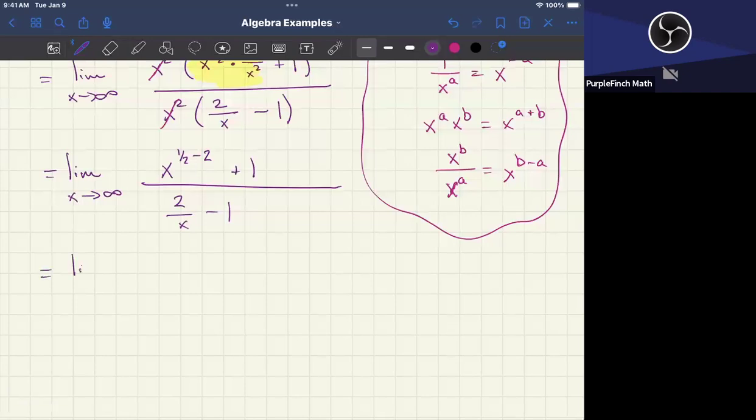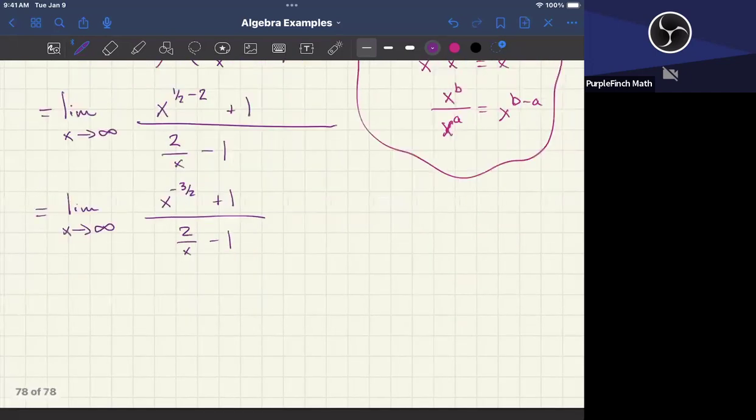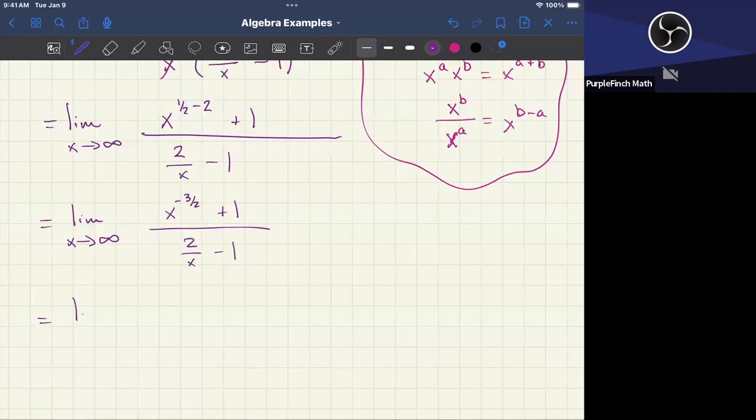And 1/2 minus 2, we can rewrite as 1/2 minus 4 over 2, or x to the -3/2, over 2 over x minus 1. And I'm going to rewrite that one more time just so that we can kind of see what's going on. Remember, if there's a negative sign, you just throw that into the denominator.